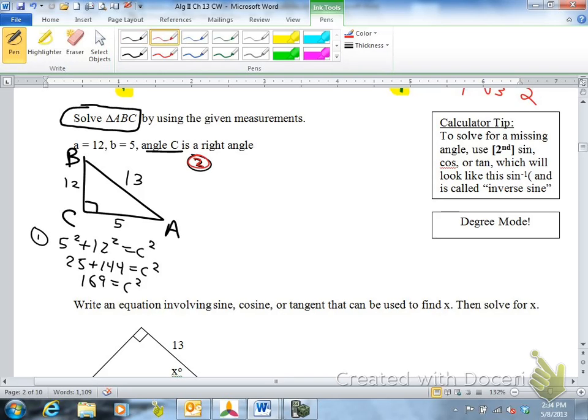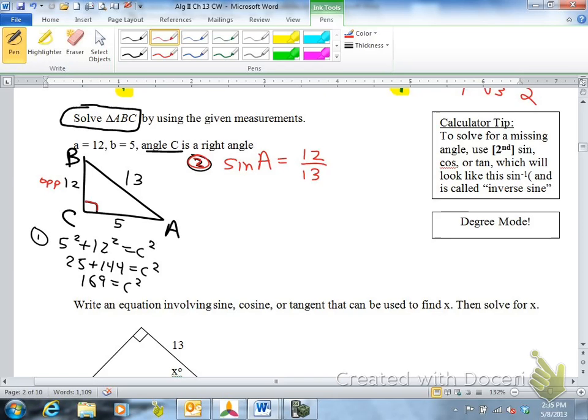You're given everything, so I'll just use sine of A. And that would be opposite, which is 12, divided by the hypotenuse, which is 13. And then we get stuck. The question is, how do you solve for an angle when sine is next to it?